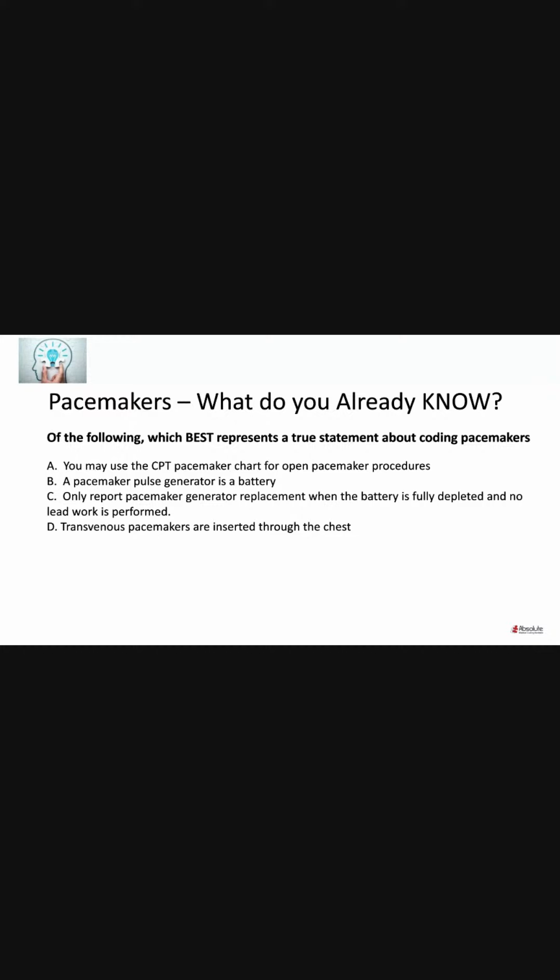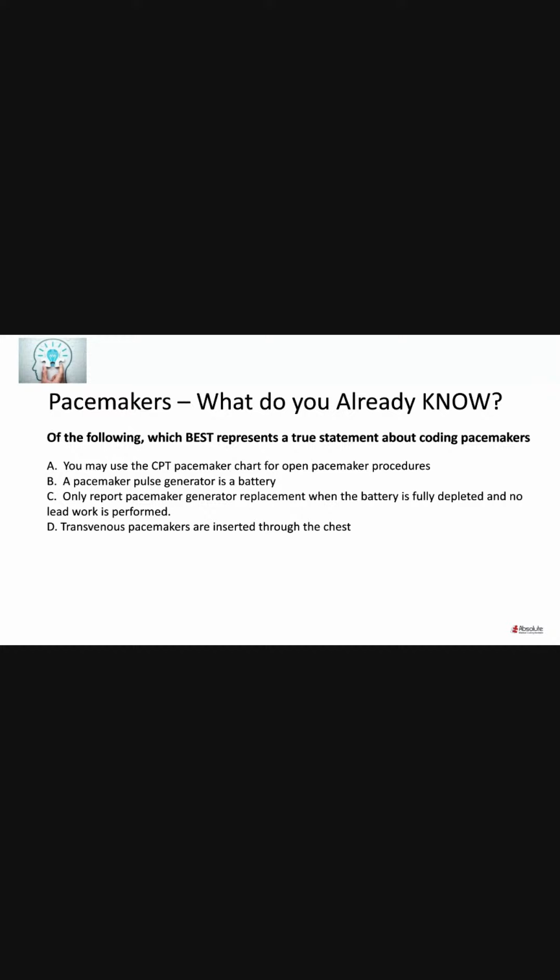Of the following, which best represents a true statement about coding pacemakers? If you have an MCG, go ahead and open it up, turn to the pacemaker guidelines, and look at those. A, you may use the CPT pacemaker chart for open pacemaker procedures.